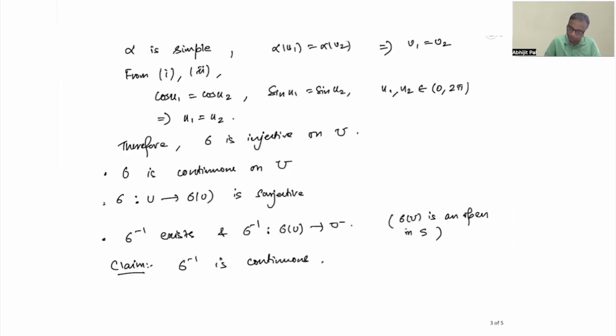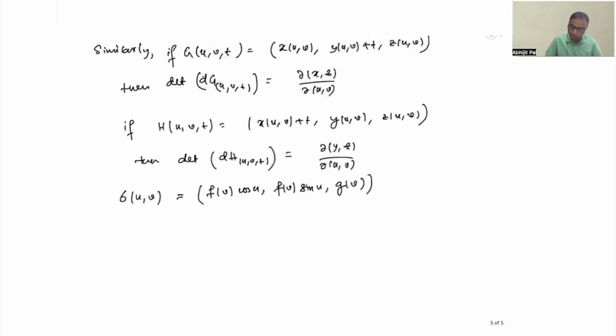All right. Okay. So now let us compute this del(x,y)/del(u,v). So this is my x(u,v), this is my y(u,v), and this is my z(u,v).